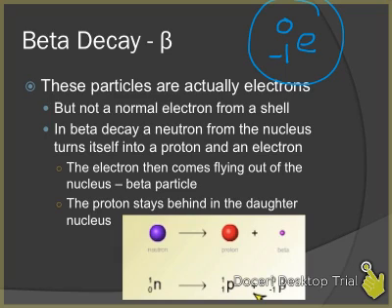However, these are not a normal electron from a shell. It's not like one of the electrons is picked out of one of the surrounding shells. In a beta decay, a neutron from the nucleus turns itself into a proton. And remember, neutrons have no charge. So if it's becoming positive, it has to have something that is also negative, right?